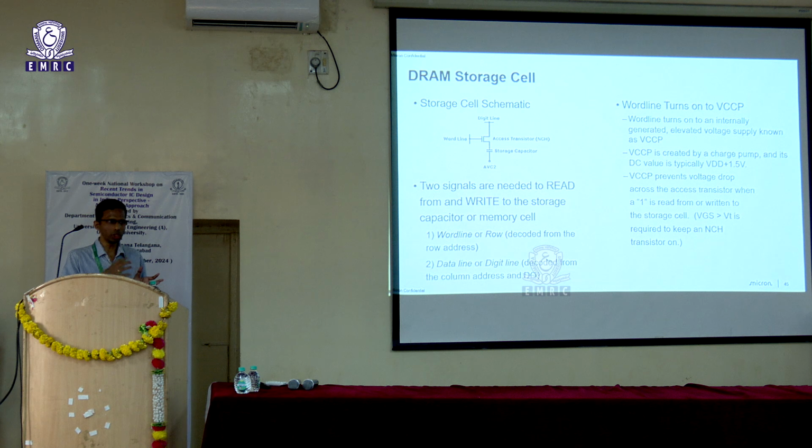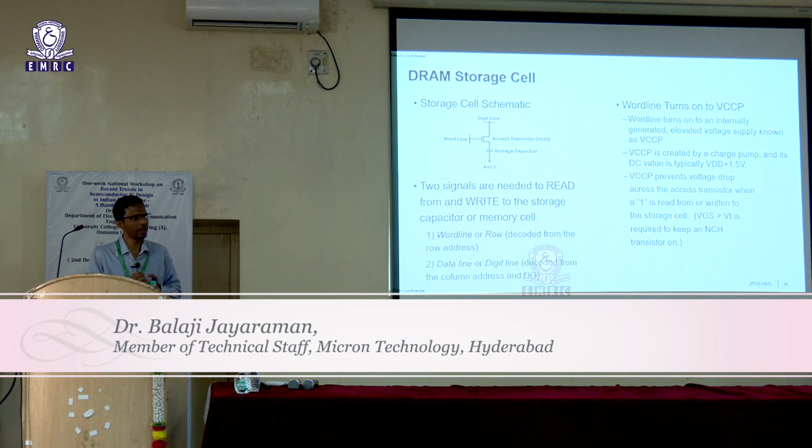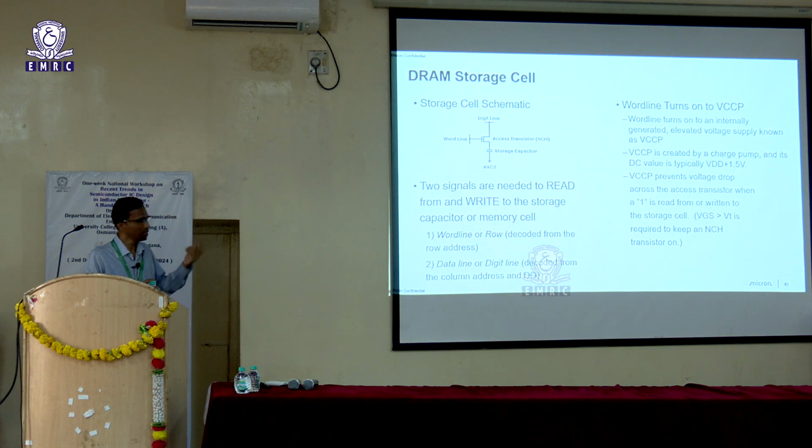Running on a poly, you would have a significant amount of resistance there. So in order to meet your memory speeds, it's not good enough to have just 1 VT above VDD. You need a much higher voltage so that the last cell also gets appropriate drive strength.